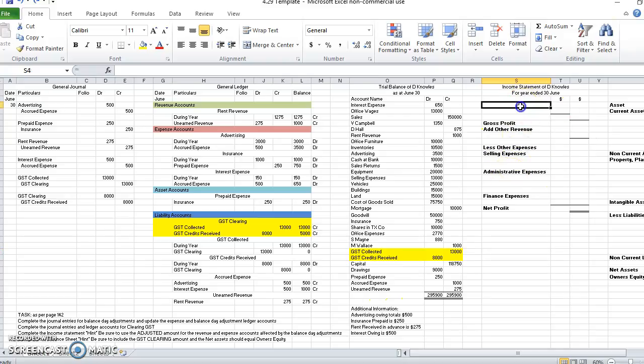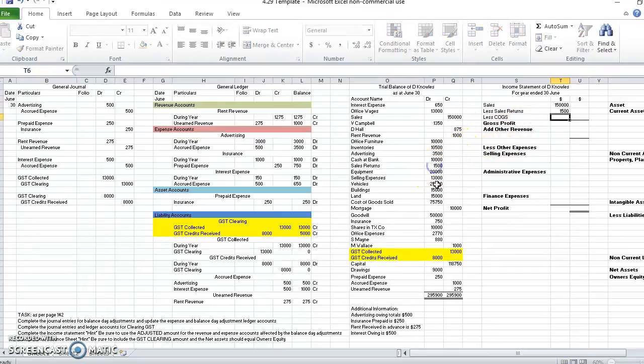So, when we know we have sales returns and cost of goods sold, we've got a trading entity. We need to include those to find our gross profit. So we'll start with sales, less sales returns, less cost of goods sold. Our sales figure is 150,000.